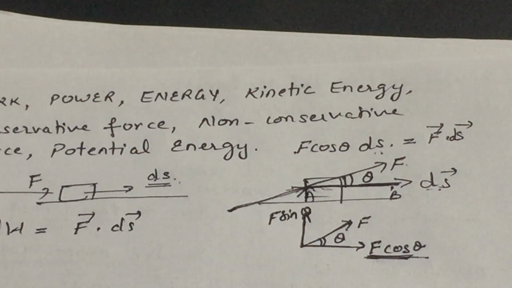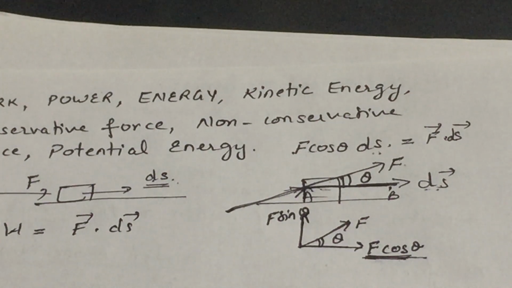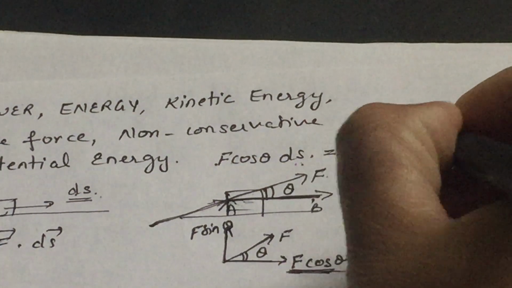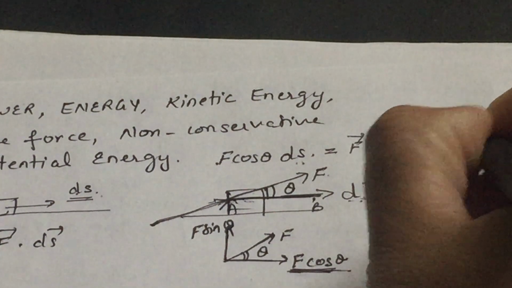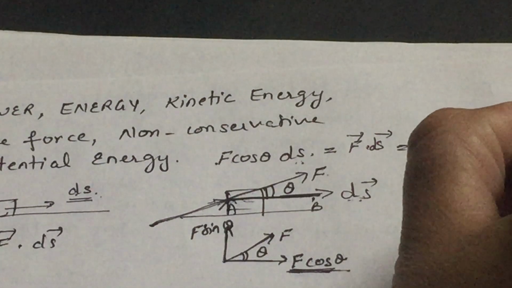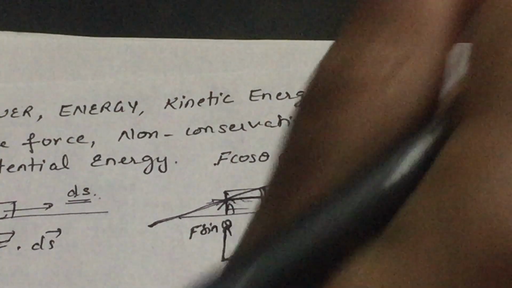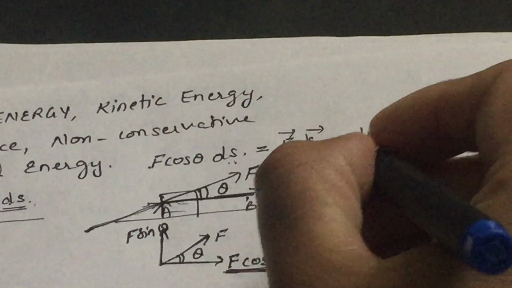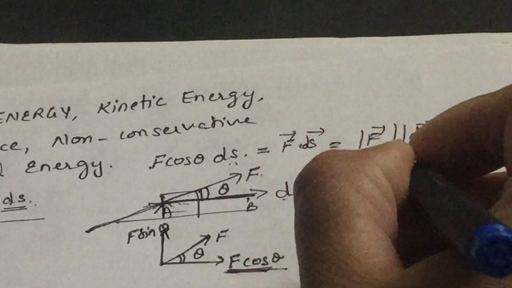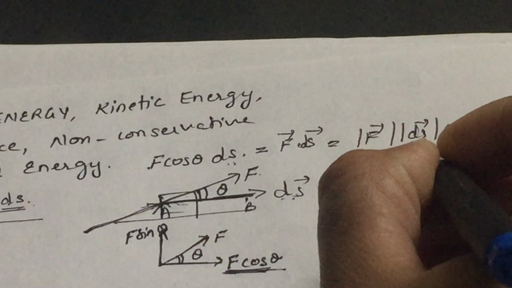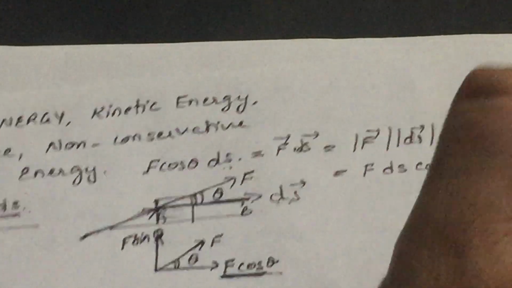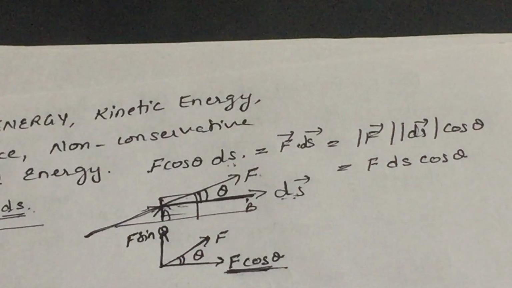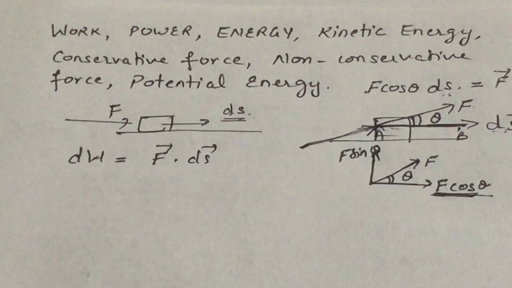If we open F dot ds, we have to take the magnitude of F, the magnitude of ds, and the cosine of the smallest angle between them. If we open this, we get F ds cos theta. So this is how the work is related to force and displacement.